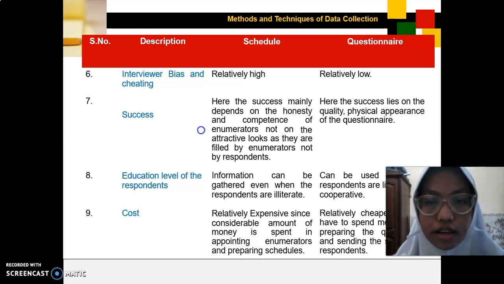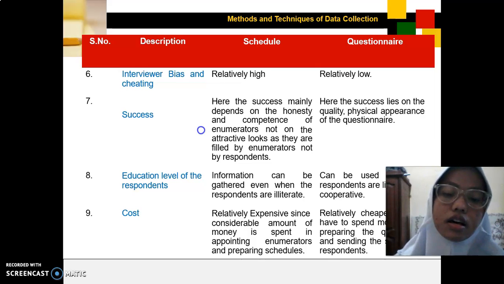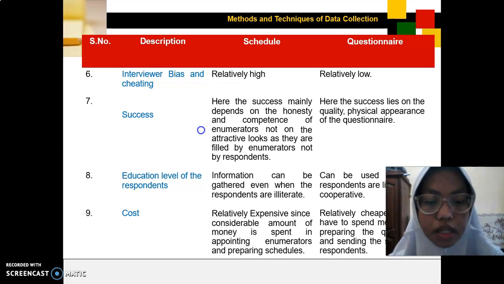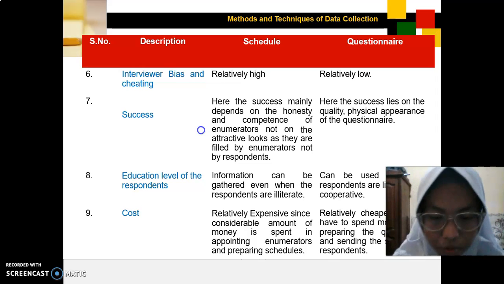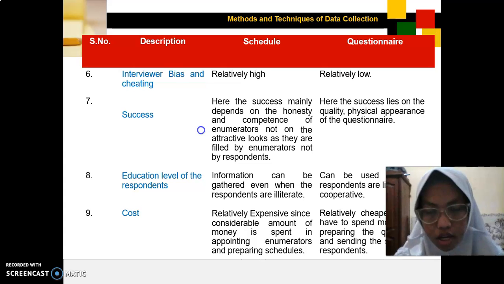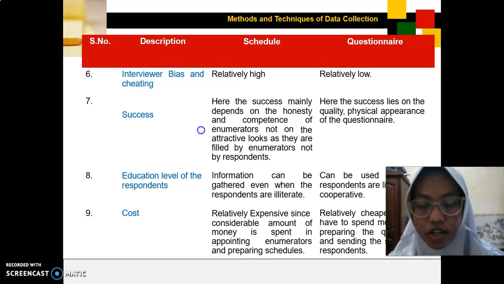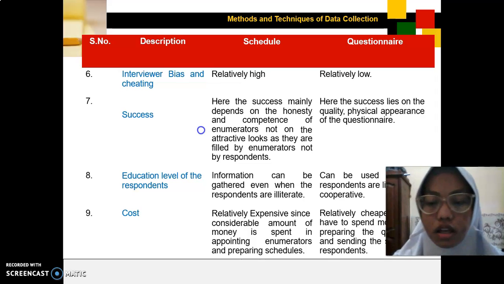The schedule technique is relatively expensive, since a considerable amount of money is spent in appointing enumerators and preparing schedules. The questionnaire is relatively cheaper, since we have to spend money only in preparing the questionnaire and sending the same to the respondents.